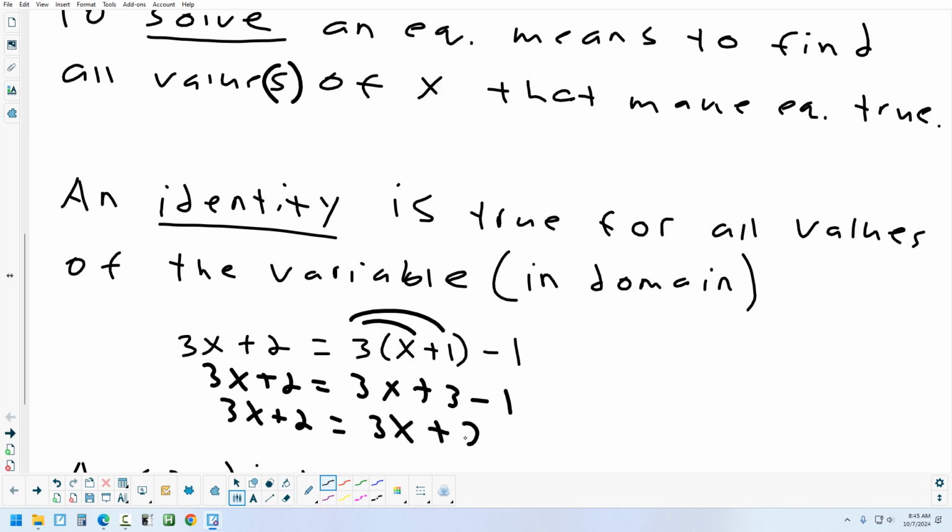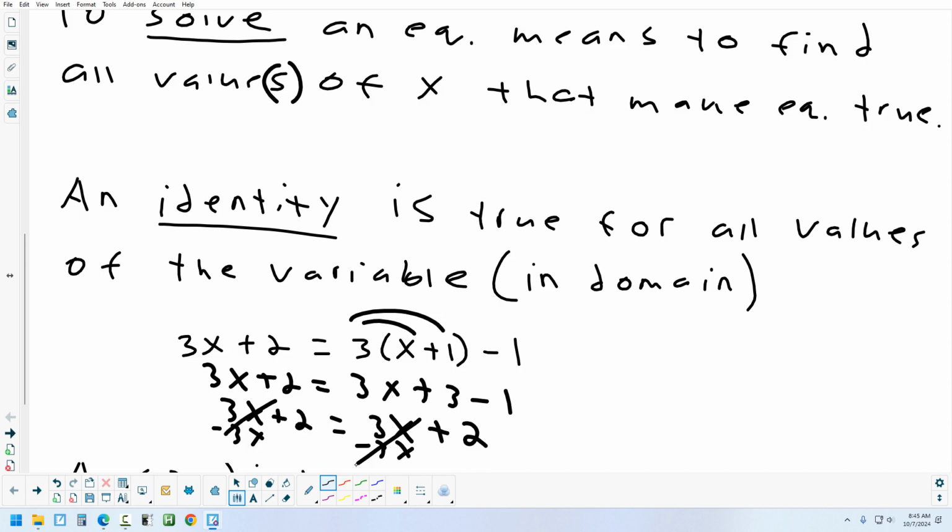So what do you notice just happened there? Yeah, you get the same thing on the left and on the right. So some people may say, well, now you'd put all your x's on one side. So you could, if you subtract 3x from each side. Well, you end up with 2 equals 2.